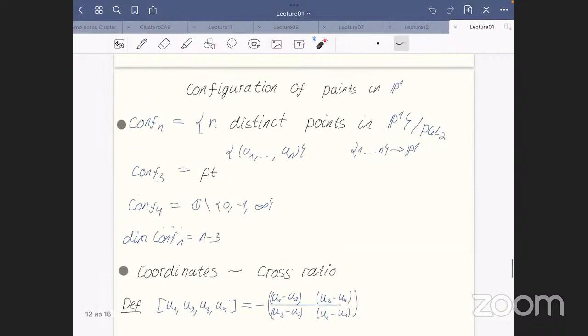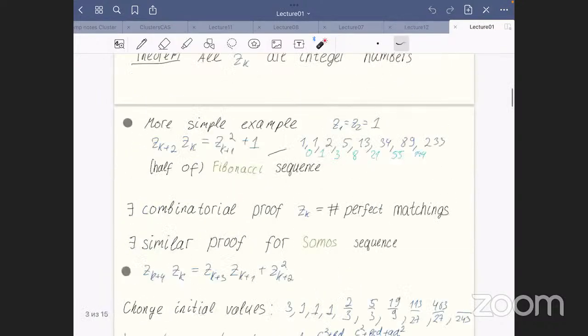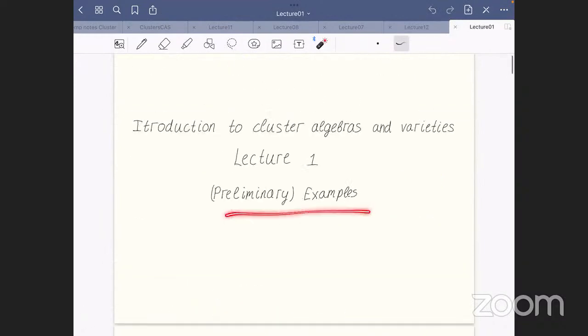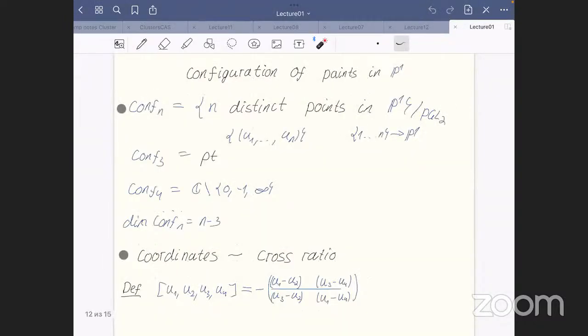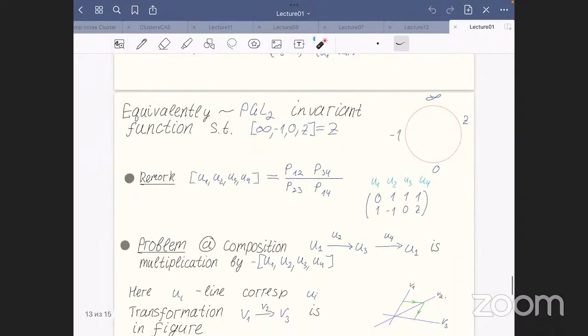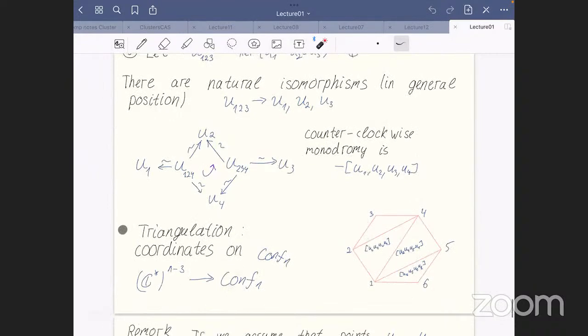Believe me or not, these are the slides from the very first lecture, preliminary examples. On this very first lecture, we discussed the following example, which is configuration of points on P1. We take n distinct points on P1, modulo the action of PGL2, which I denote by U1, ..., UN, and we assign them to the vertices of the n-gon.